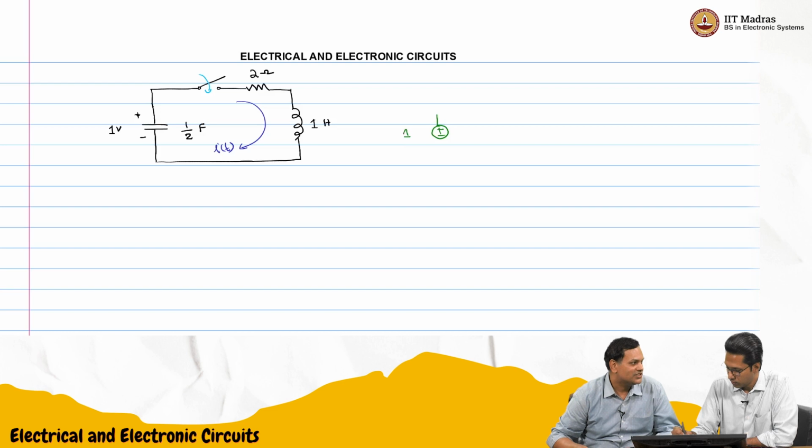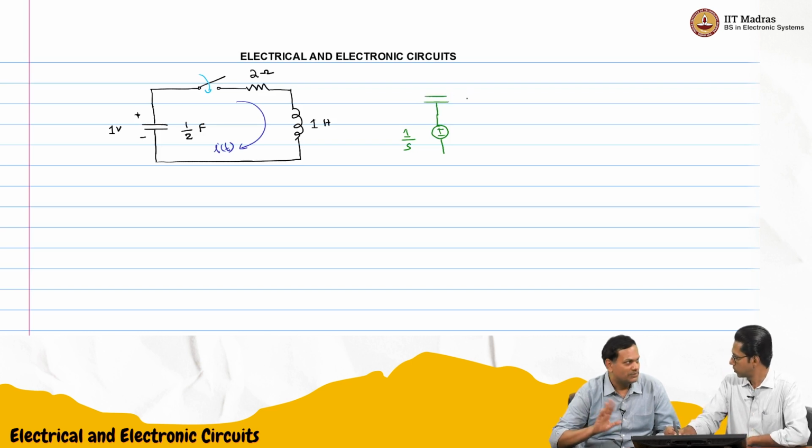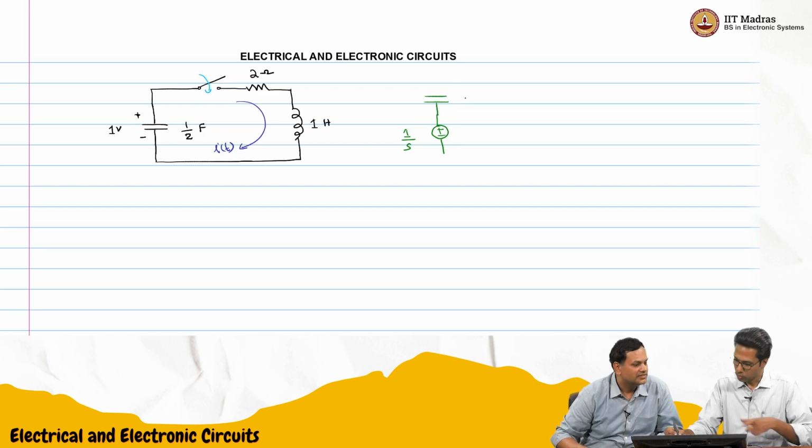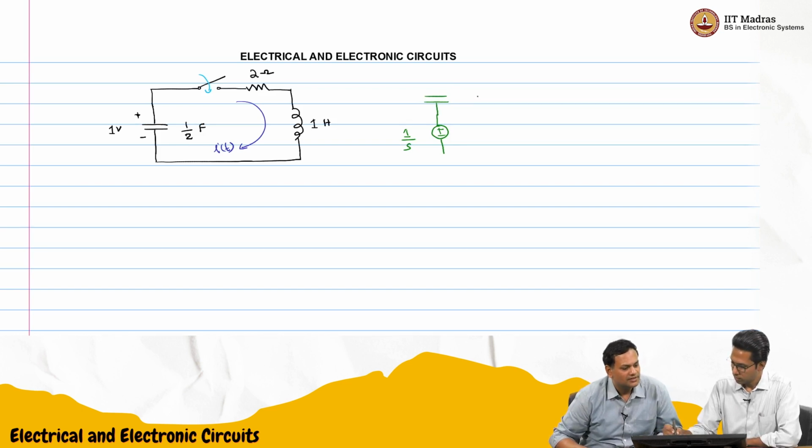It is the initial voltage by S. Then the capacitor, we will write it as 1 by CS, no? 1 by CS. In this case, here it is 2S. So, 1 by 2S, correct.